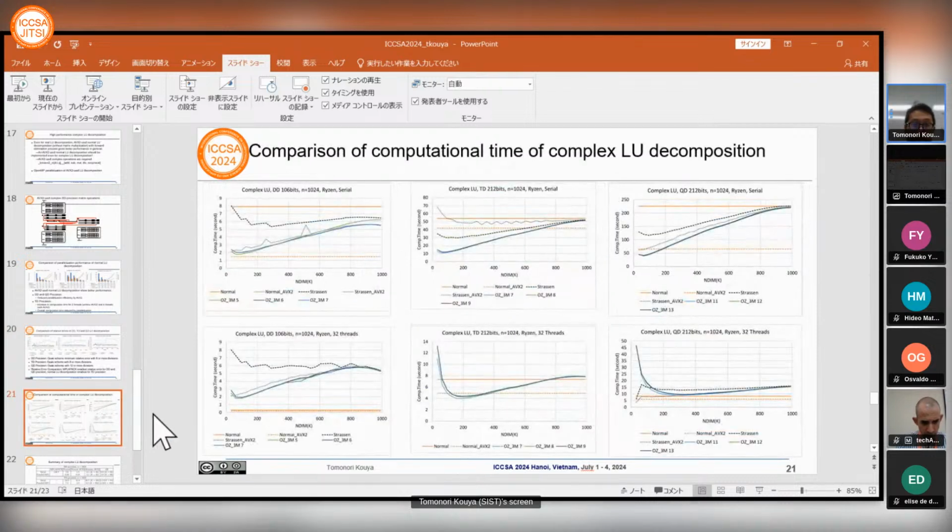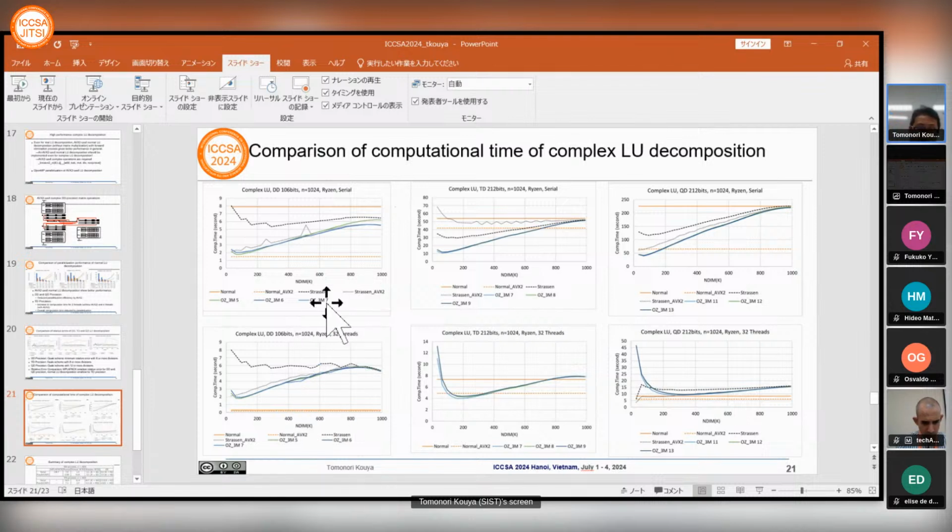Now we show the result obtained by using a benchmark test to compare the computational time of complex LU decomposition with complex matrix multiplication. In double precision arithmetic, in serial computation, the simulated normal LU decomposition is showing the best performance.